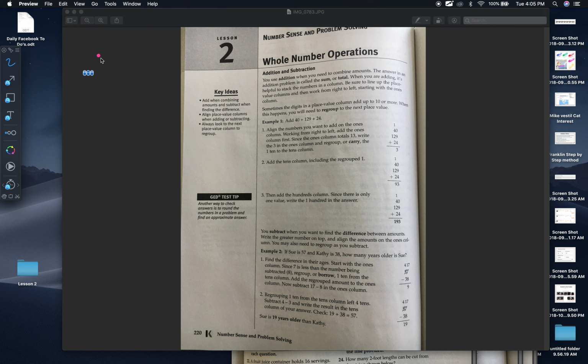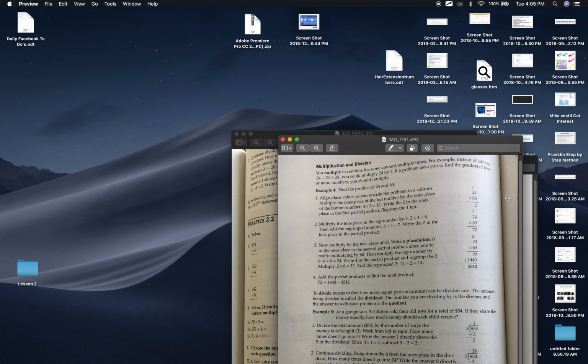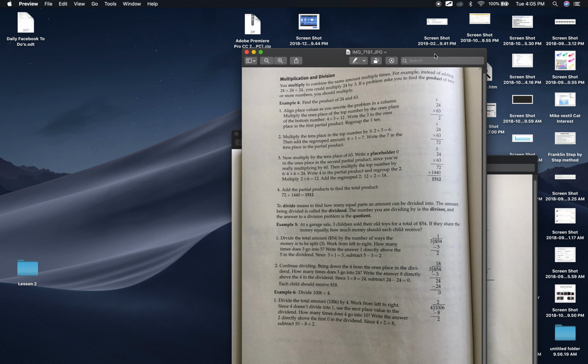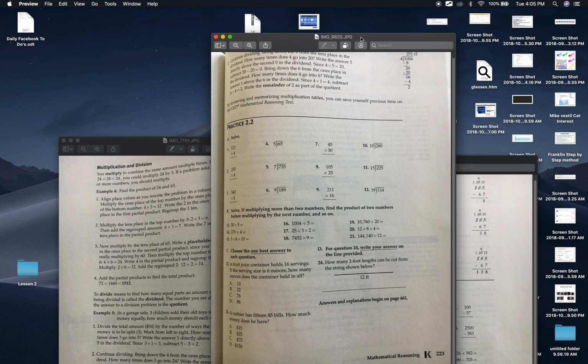Let's see. Okay, go to the next page over here. Actually, I'm pretty sure the next page is this one over here.